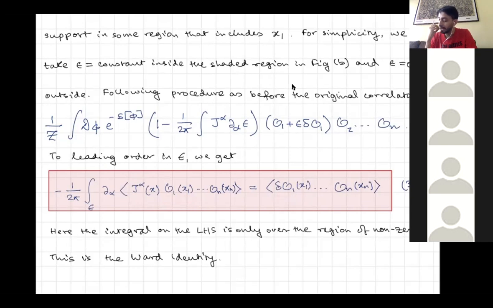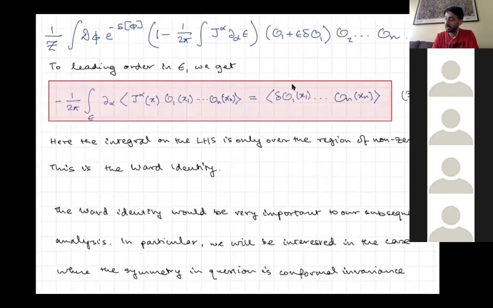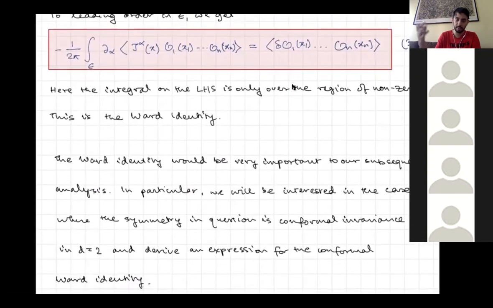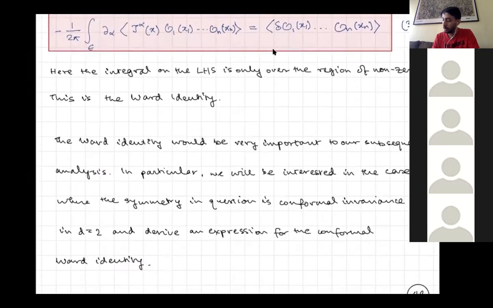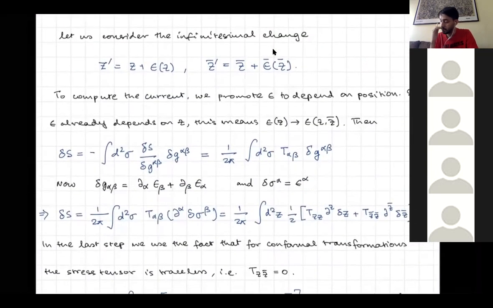So we had this identity, and then we tried to see what the form of the Ward identity would be when we're looking at the thing of interest, that is conformal symmetry in this case. We first wrote down a form of what the J's would be.